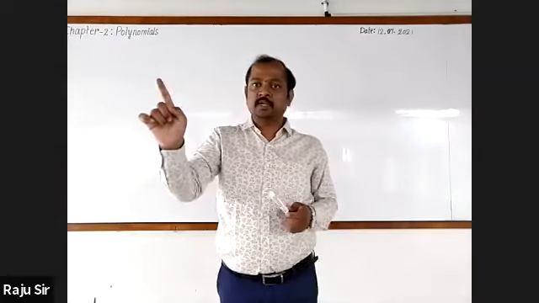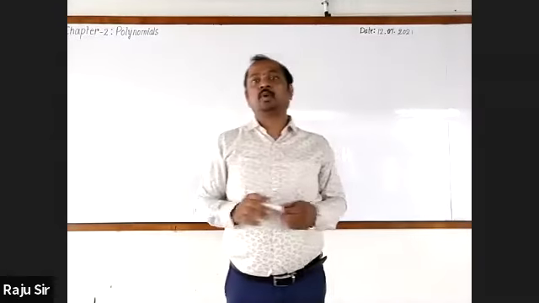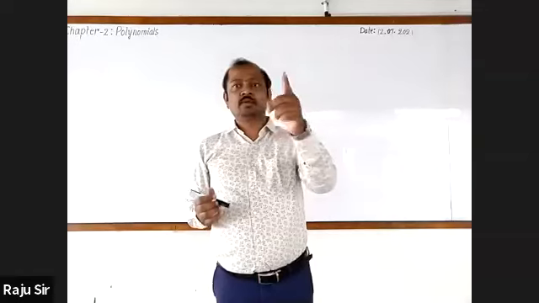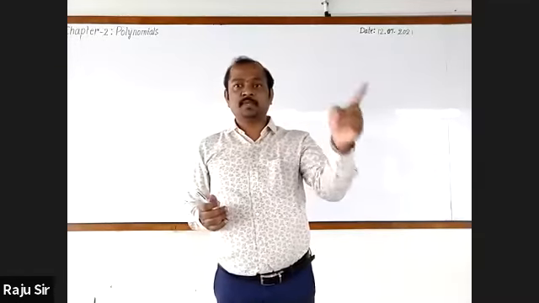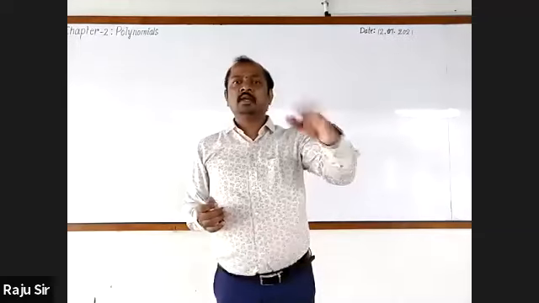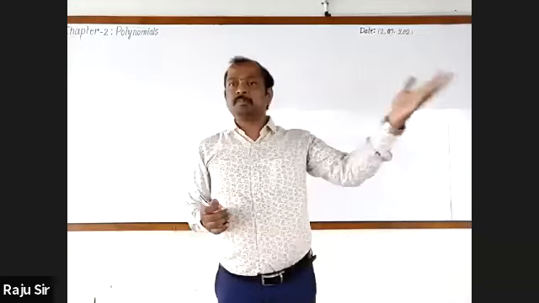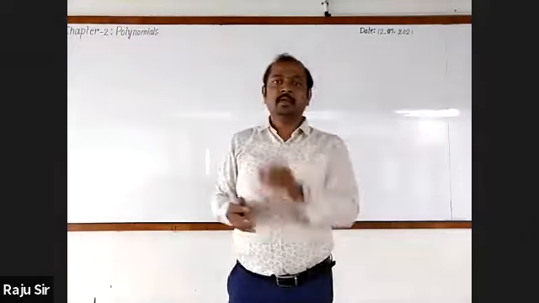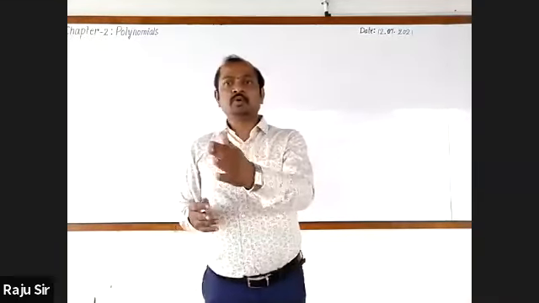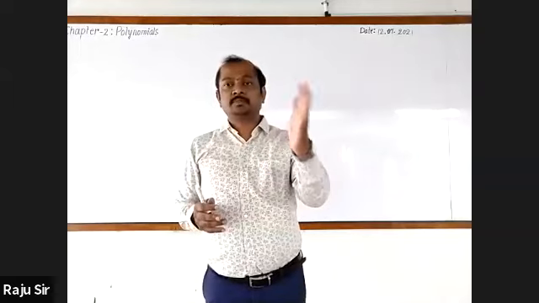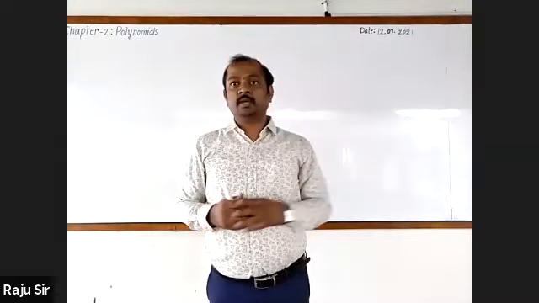The very first one is (a plus b) whole square, that is exactly equal to a square plus b square plus 2ab, or a square plus 2ab plus b square. Both are the same only. Next, (a minus b) whole square is equal to a square plus b square minus 2ab.